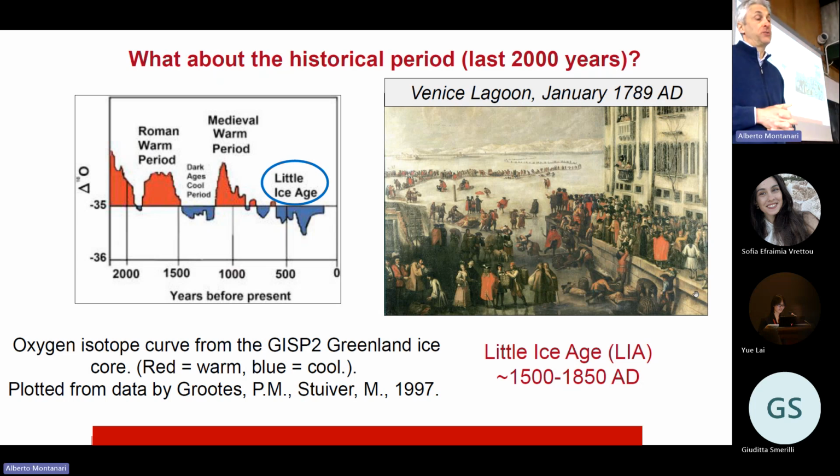So what are further demonstrations of the consequences of, for instance, the Little Ice Age? It is the picture that you see on the right, people skating on the Venice Lagoon in 1789. The Little Ice Age lasted up to the end of the 1700s. And also we know that in the Apennines, there were glaciers that now disappeared.